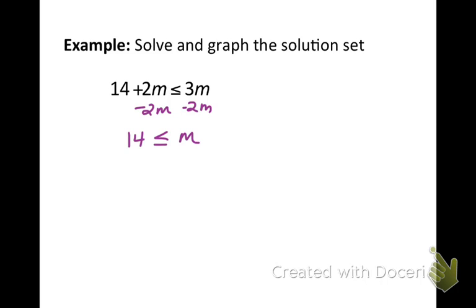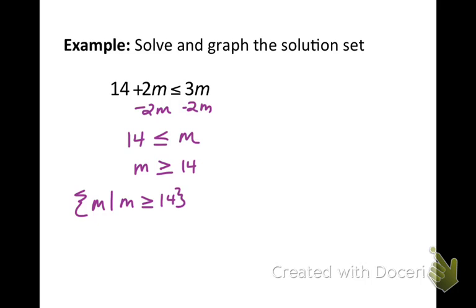For my own thought process, I like to always put the variable on the left-hand side, so I'm going to flip that to m is greater than or equal to 14. It's the same thing, just rewritten. What would that look like in set notation? Set notation is probably the easiest because you just plop it in there. Yeah, good. m such that m is greater than or equal to 14.